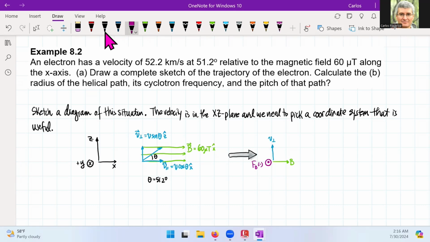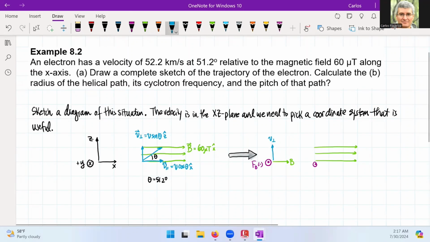Now if I look at what this actually looks like, I have my magnetic field lines. I know the magnetic force is popping up right here and the charge is going up.